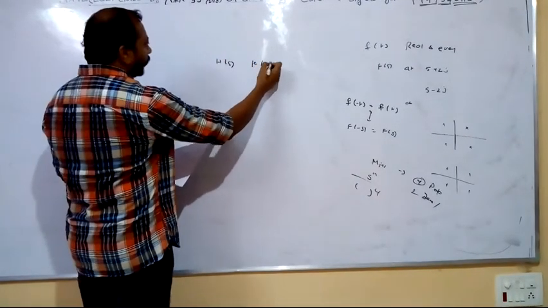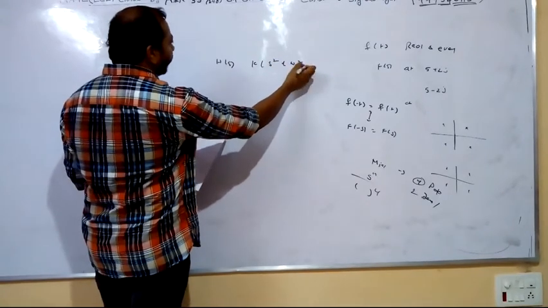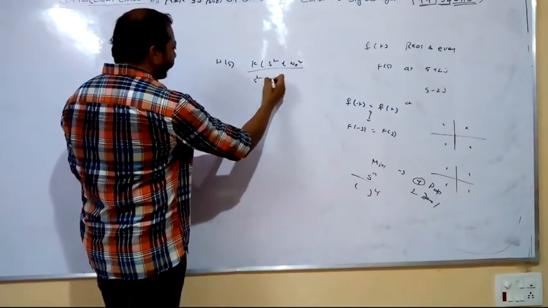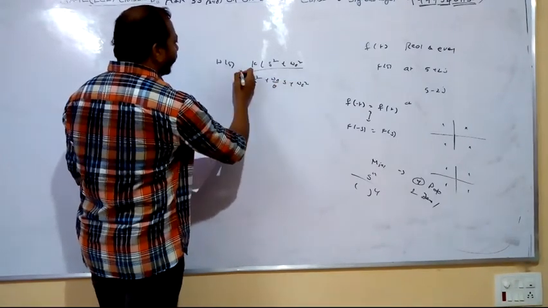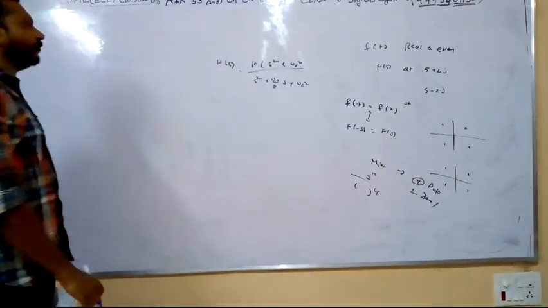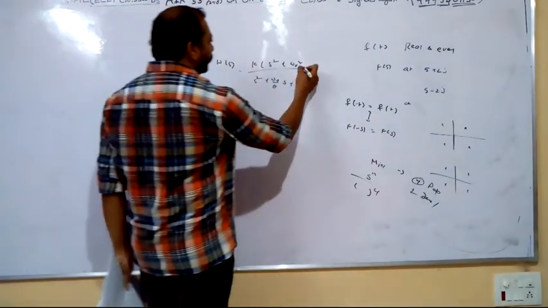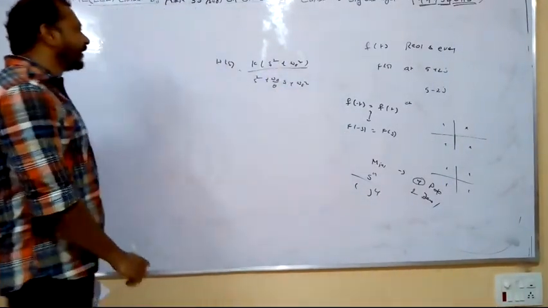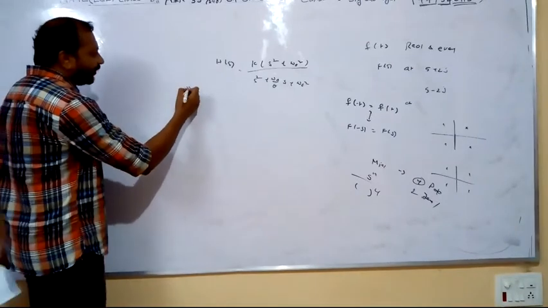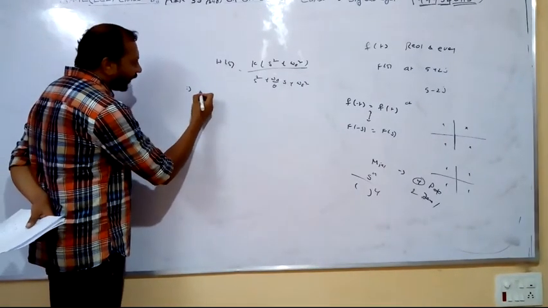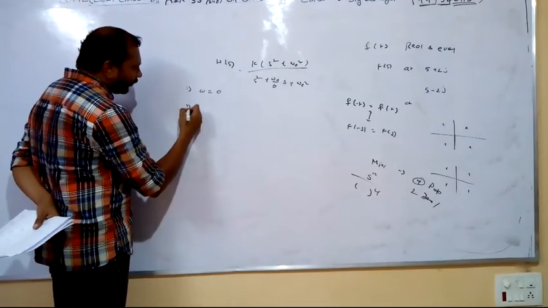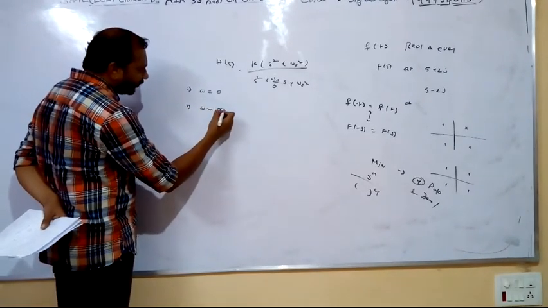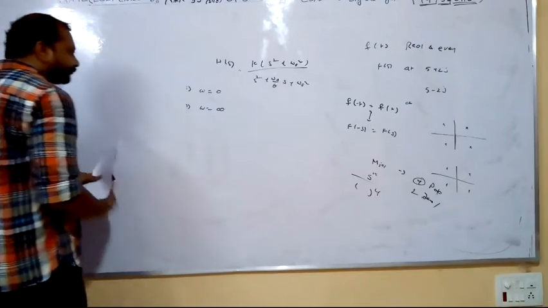Given h of s is equal to k into s square plus omega naught square divided by s square plus omega naught by Q s plus omega naught square. What is the type of the filter? For identification of the filter, first you have to calculate the expression at omega equal to 0, and second, at omega equal to infinity.